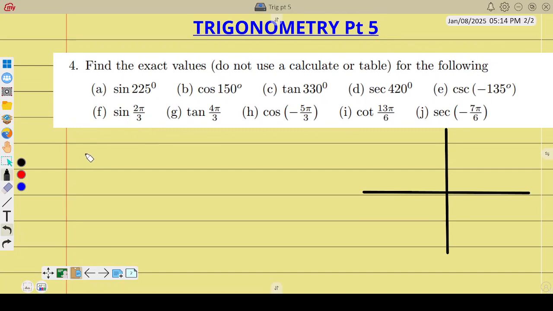So this one, sine 2 pi over 3, it's equal to sine, when you convert 2 pi over 3 to degrees, it's 120.